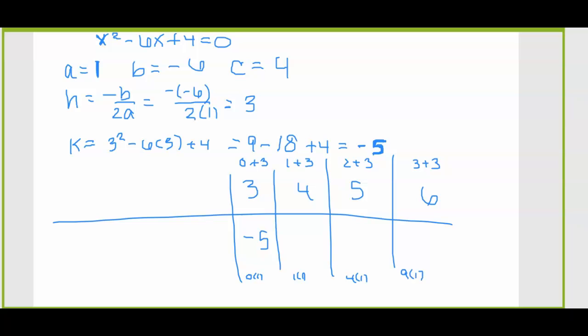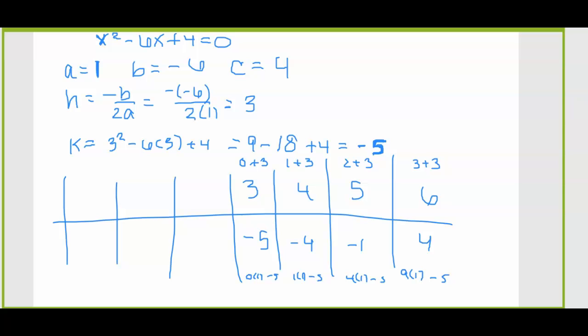Minus K, which is 5, minus 5, minus 5, minus 5. So you get negative 5. 1 times 1 is 1. 1 minus 5 is negative 4. 4 minus 5 is negative 1, and 9 minus 5 is 4. So my table is symmetric.